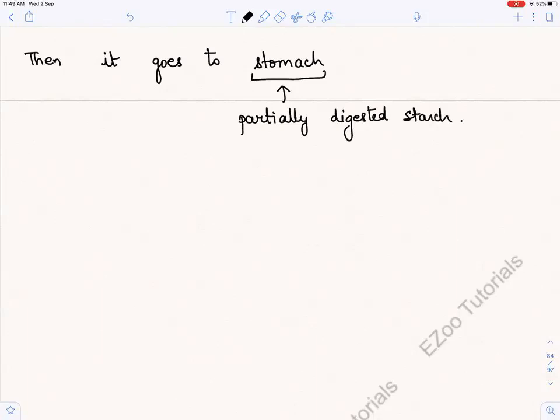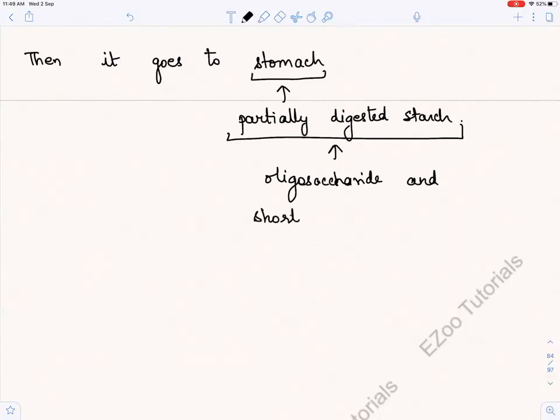So what is the partially digested starch that I'm talking about? I'm talking about oligosaccharides and short chain polysaccharides, right? So the polysaccharides have become short chain or oligosaccharides.